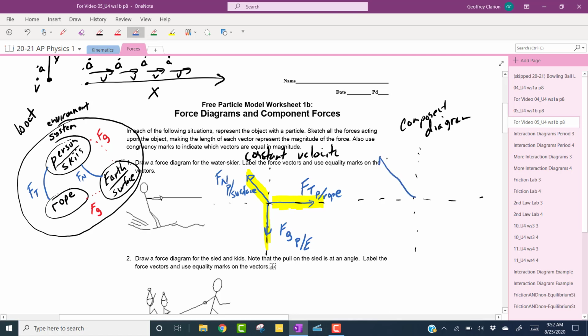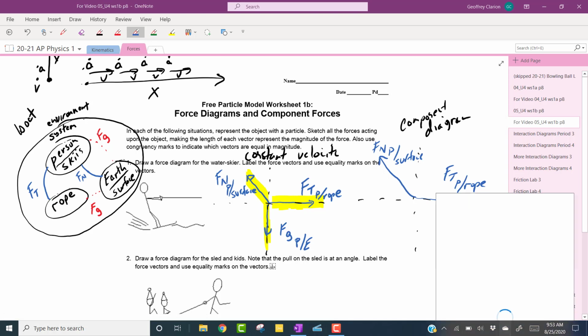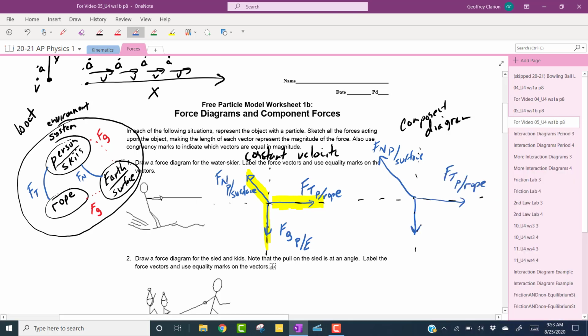The force diagram, the normal force on the person by the surface, the force of tension on the person by the rope, and the force due to gravity on the person by the entire Earth. So again, it's this force that we need to be concerned about, the normal force. So we're going to draw its horizontal and vertical components.